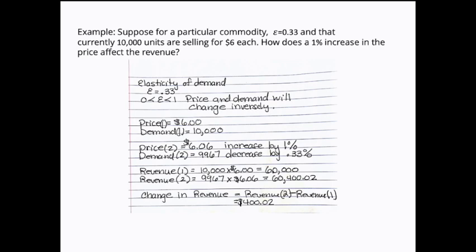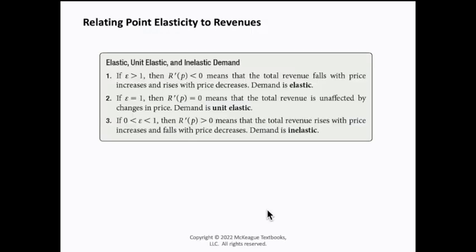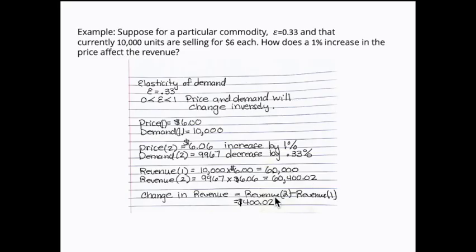Now, if we go back a slide and we look, this is scenario number 3. Our elasticity of demand was 0.33, and that fell between 0 and 1, which means the change in our revenue is positive. And we just verified that here.